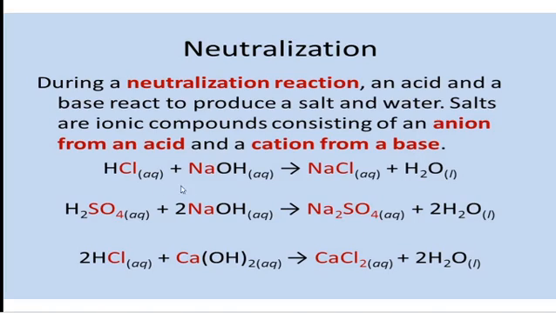Hydrochloric acid plus sodium hydroxide gives sodium chloride and water as the products. Then sulfuric acid, H2SO4, plus sodium hydroxide, NaOH, forms sodium sulfate, Na2SO4, a salt, and OH plus H forms 2H2O, water.